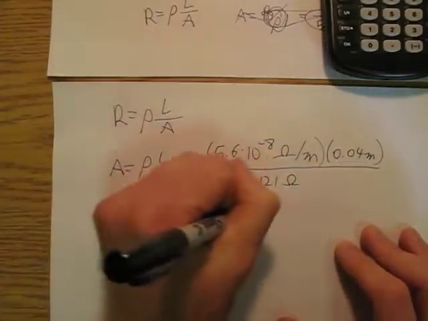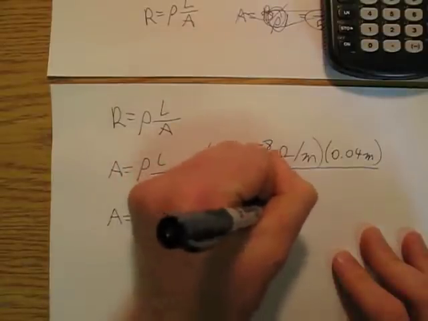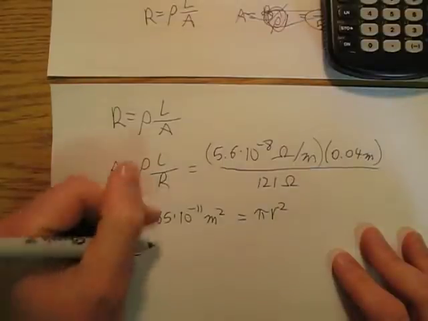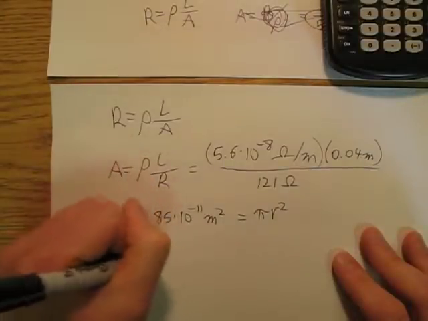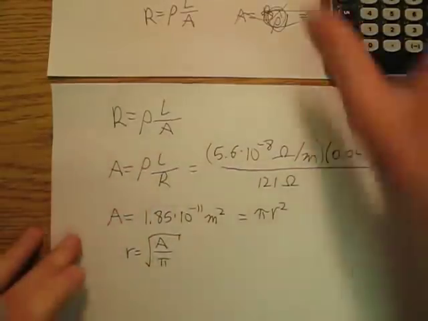So, assuming our wire is a circle, that's going to be pi r squared. So that means r is going to be the square root of the area divided by pi.